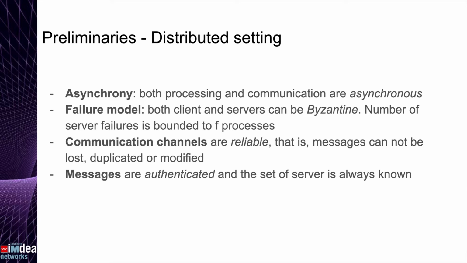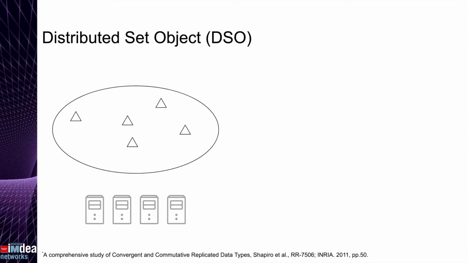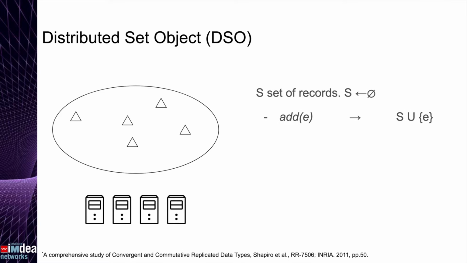Finally, all messages are authenticated, and the set of servers is always known, such that messages' authenticity can always be verified. So, our data structure, that we will call DSO, distributed set object, is a distributed set for which we define only two possible operations: the add, that includes an element in the set, and the get, that returns all the elements of the set.